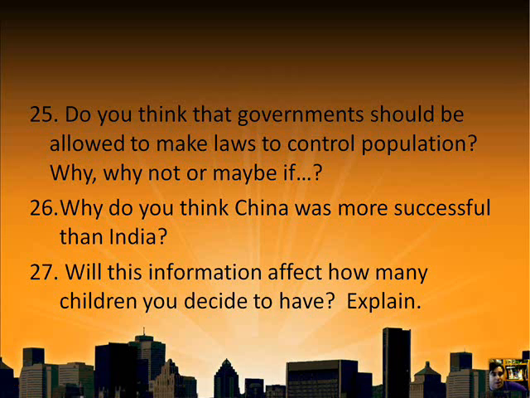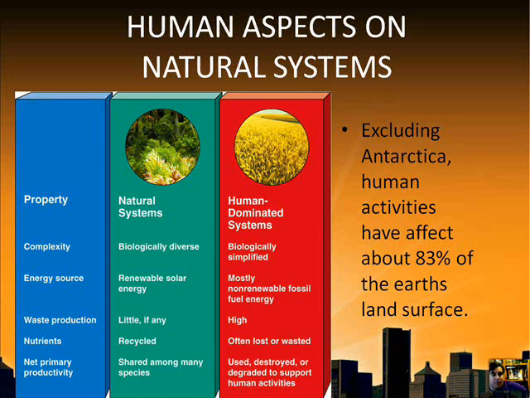Okay, we're getting close to wrapping this up here. So if we look at the Earth's surface, if we exclude Antarctica, the human activities that we have done so far have affected 83% of the Earth's land surface. That's the land surface. And excluding Antarctica simply because it's not that hospitable.